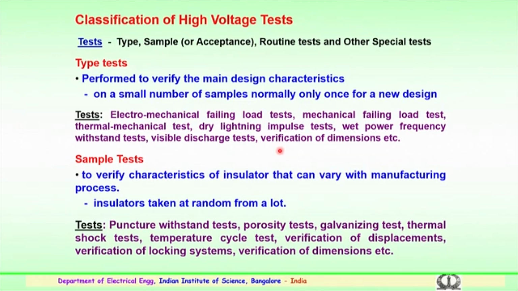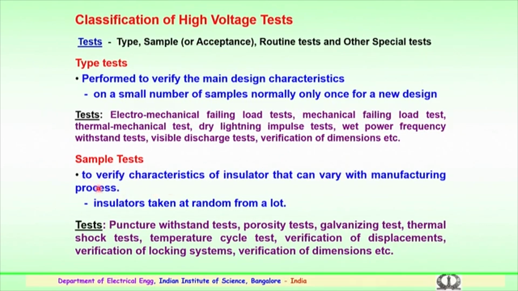These are all the tests which come under type tests. A few samples from the manufactured lot are selected, and these tests are generally carried out at third party or recognized laboratories, with an understanding between the manufacturer and the utilities.